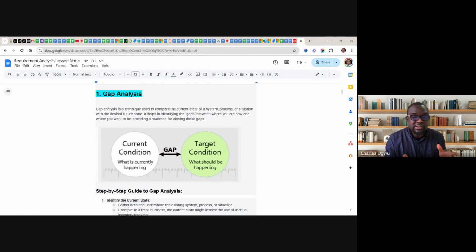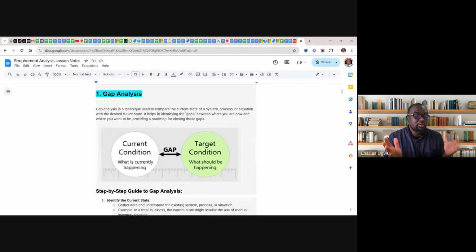In our own case, we have manual lead management. Now we're talking of a process, manual lead management and automated lead management. How can we transit from manual lead management to automated lead management?